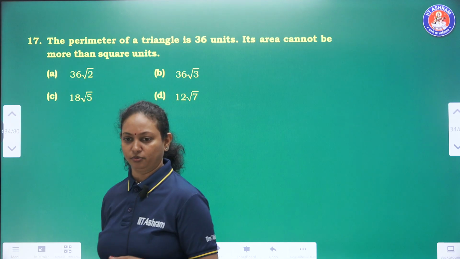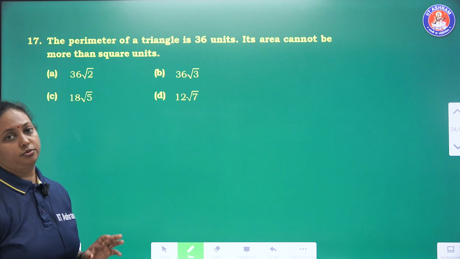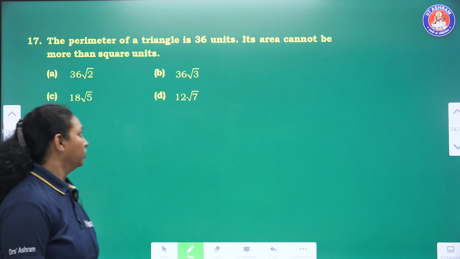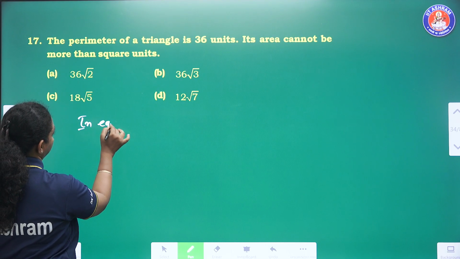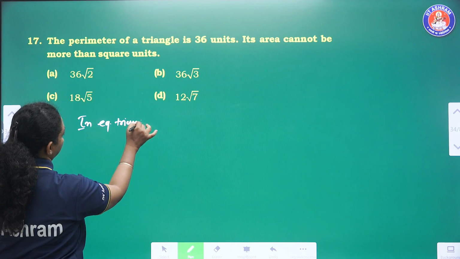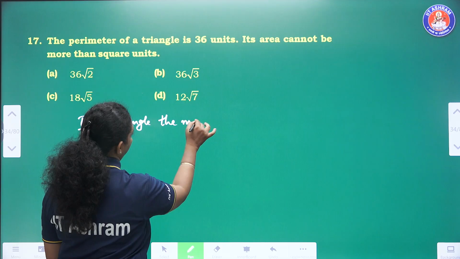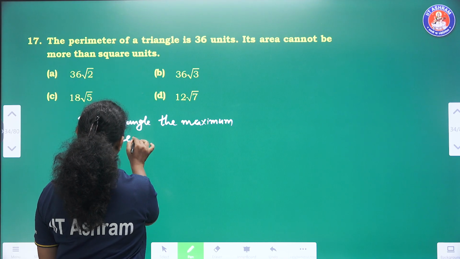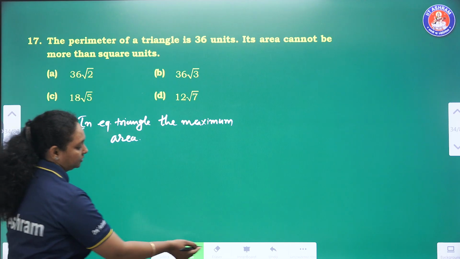First, when the perimeter is given to you, at which point is the area maximum? An equilateral triangle has the maximum area when the perimeter is given to you. So equilateral triangle has the maximum area.